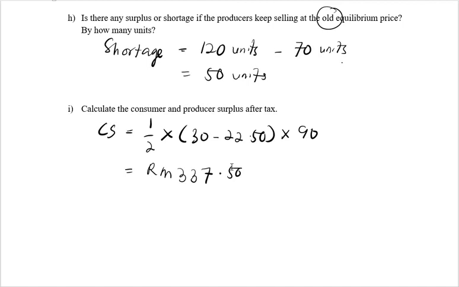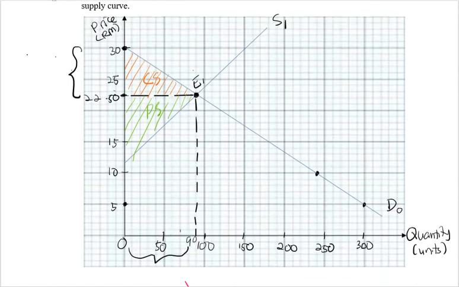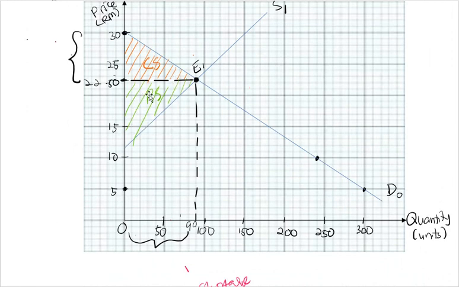Okay, and for producer surplus, it is the green area here, in which the height is from here to here. So what is the point here? That is 11. The price is 11 ringgit. So 22 ringgit and 50 cent minus 11 ringgit. And the base is the same, from 0 to 90.